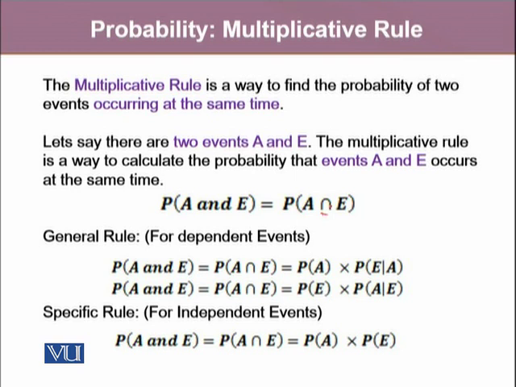Whereas if two events are independent, the probability of their joint occurrence will simply be the product of their marginal probabilities, which is given by probability of A intersection E is equal to the probability of A multiplied by the probability of E.